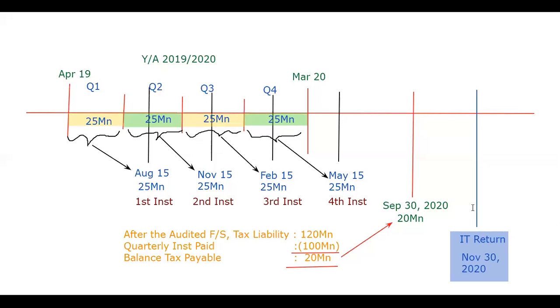Don't expect any extension. If you can finalize your tax computation together with the audited accounts, then try to comply with the statutory deadline. November 30th is the statutory deadline. Due to this COVID situation this year, they will extend it definitely.